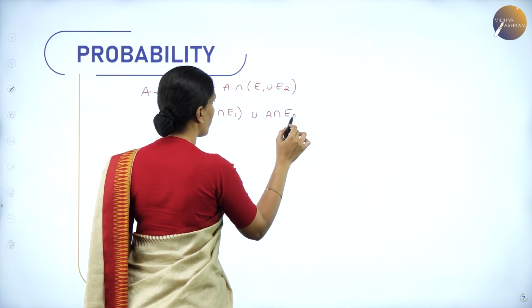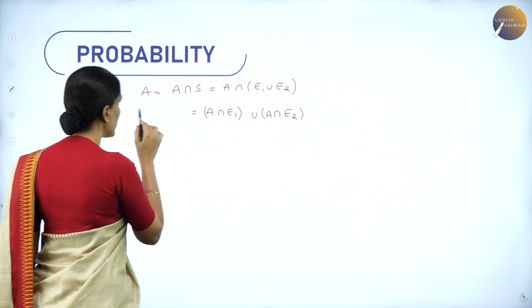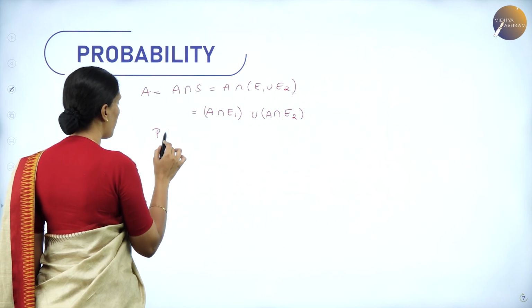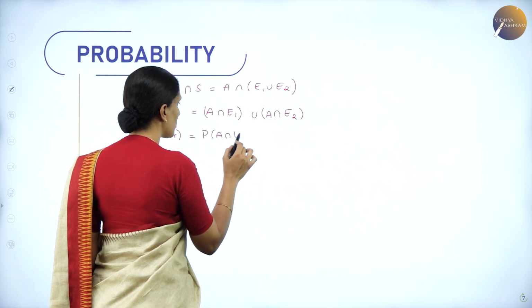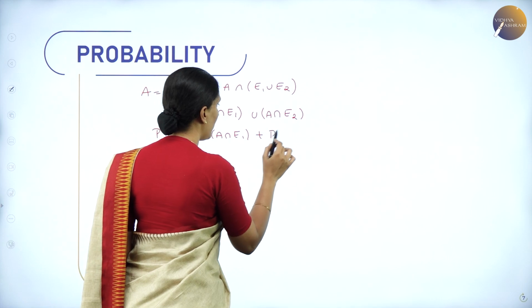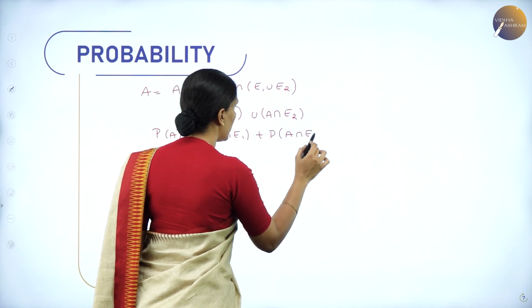Now if we apply the concept of probability here, then probability of A is equal to probability of A intersection E1 plus probability of A intersection E2.